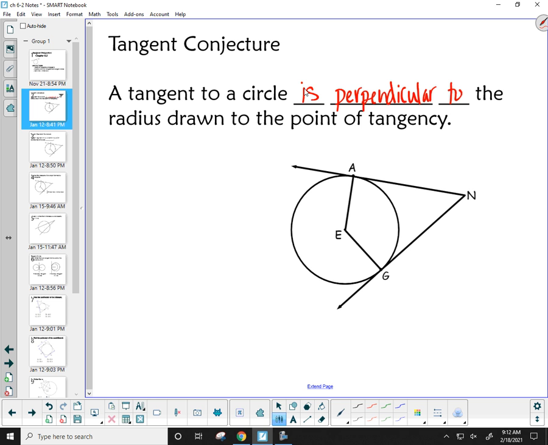So what that means here, this radius AE is intersecting this tangent AN, and because it's a radius intersecting at that point of tangency, it's creating a right angle. Same thing is happening here at EG. Okay, we got right angles there.